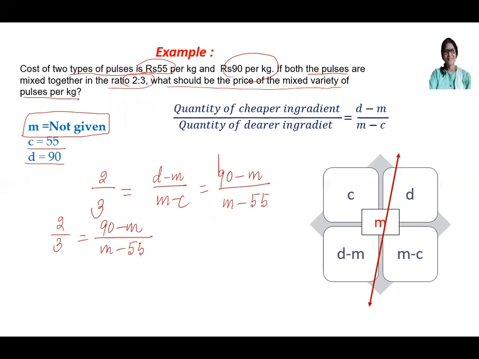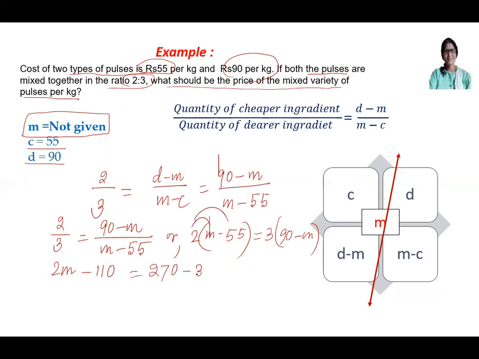Next I'll cross multiply: 2 into M minus 55 is equal to 3 into 90 minus M. So 2M minus 110 is equal to 270 minus 3M. Now taking all M to one side, 5M is equal to 380.